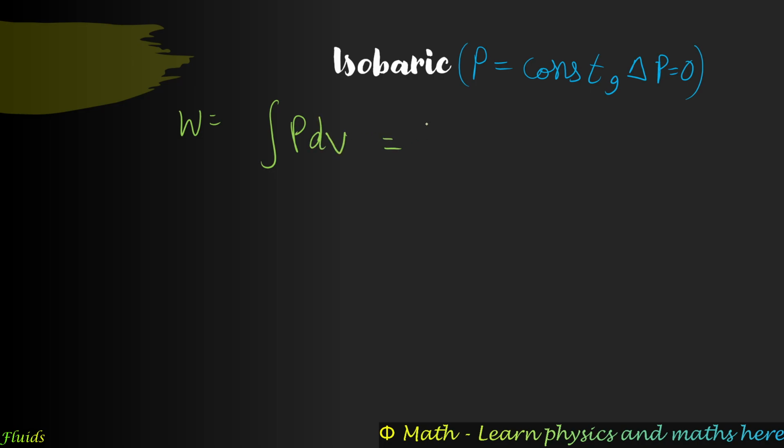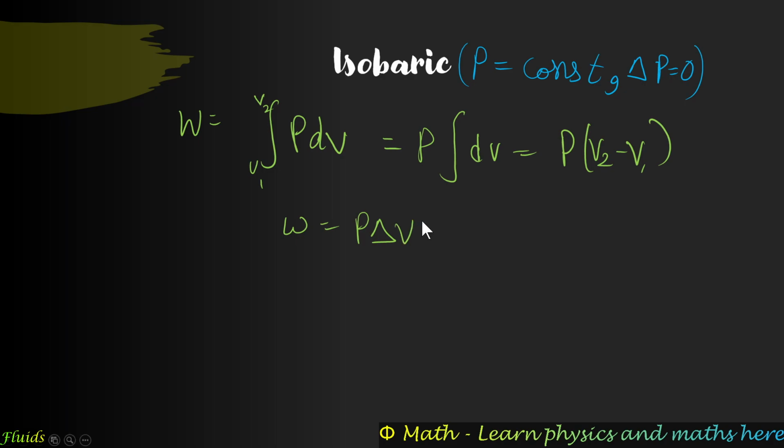P is constant, so it goes outside of the integration, and we integrate from V1 to V2. The integration of dV is V, so we have P times V2 minus V1, the change in volume. From here, the work done is equal to P delta V, where delta V is the change in volume.